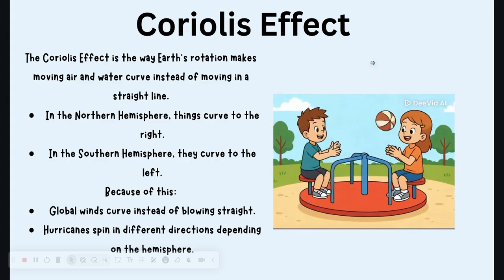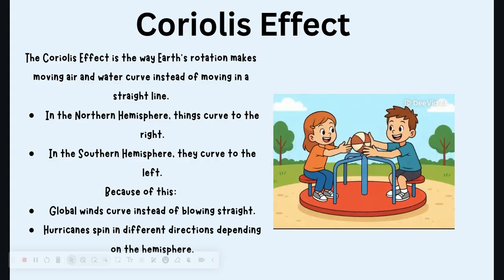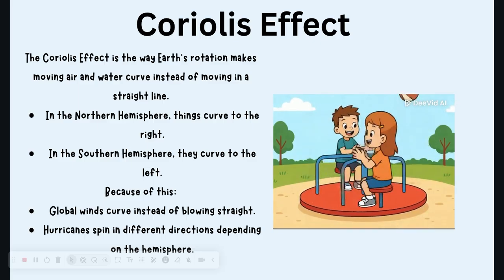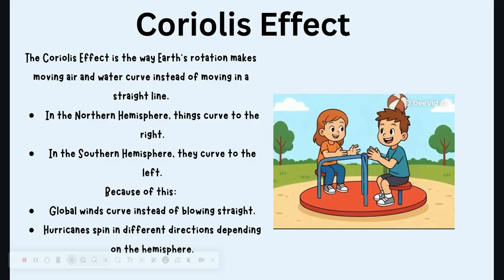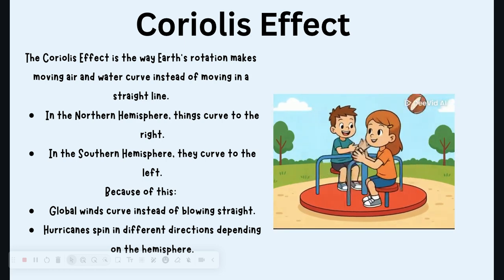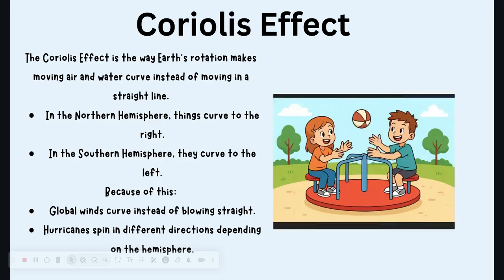Okay, you can't do it. It can't go straight if you're spinning. And so because of the Earth's spin, which causes us day and night, the rotation of the Earth also causes the winds to curve instead of going straight.